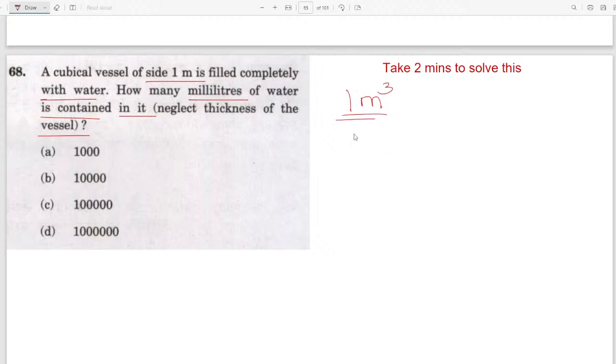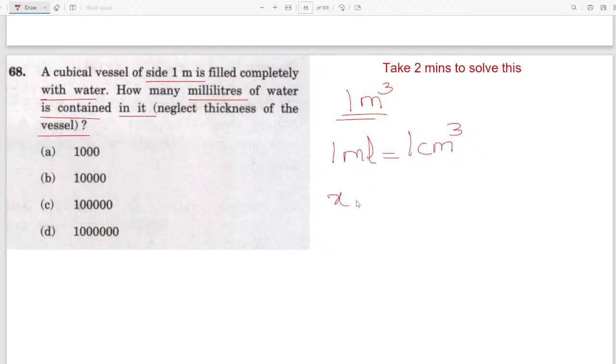So what is 1 milliliter? 1 ml, milliliter, is equal to 1 centimeter cube. Because we know that 1000 ml is 1000 centimeter cube. So 1 ml is 1 centimeter cube. And now we need to calculate how much this 1 centimeter cube is equal to, I mean the volume.